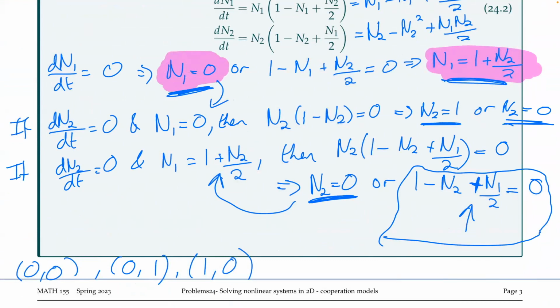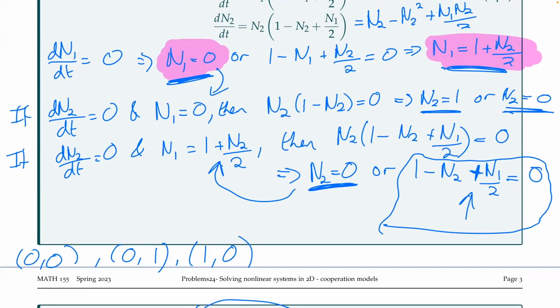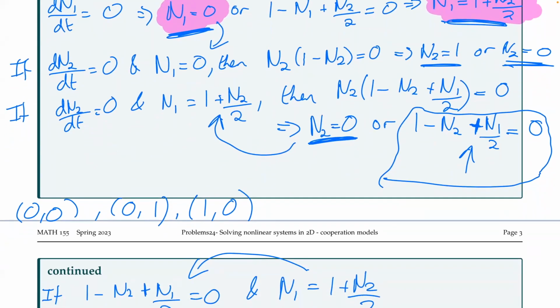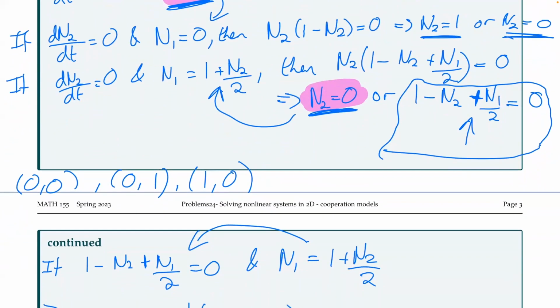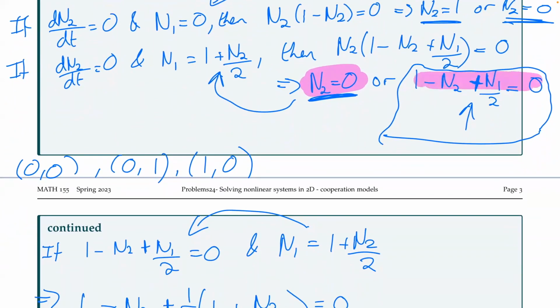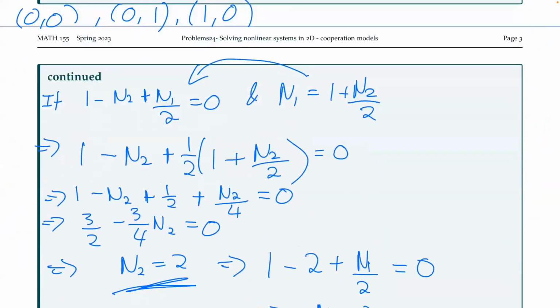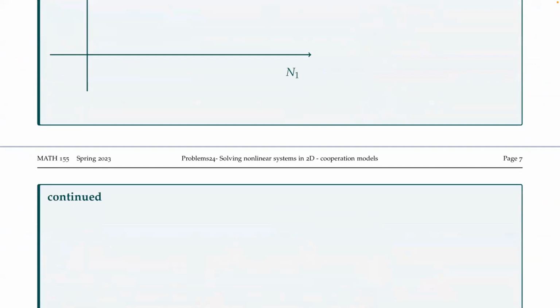Because we have these conditions for when either of our equations, dn1 dt or dn2 dt, are equal to 0. So we know that n1 is equal to 0 is a null line. Also, n1 is equal to 1 plus n2 over 2 is also a null line. We also know that n2 is equal to 0 is a null line, or this equation here on the right-hand side will also give us a null line. So we already have our null lines.